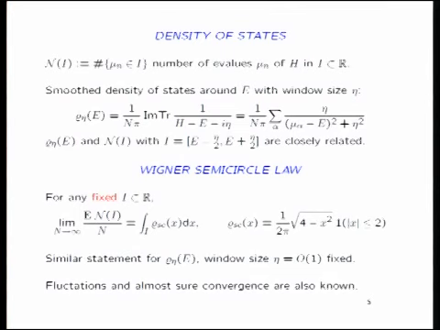If you count the number of eigenvalues in the interval I, denote it by N of I, then the smooth version of the density of states is usually defined by taking the trace of the Green function with width eta and dividing by n. You have to divide by n because there are n eigenvalues, and this is the smooth version of the density of states. It's very close to the density between E minus eta over 2 and E plus eta over 2, but it's not exactly the same.